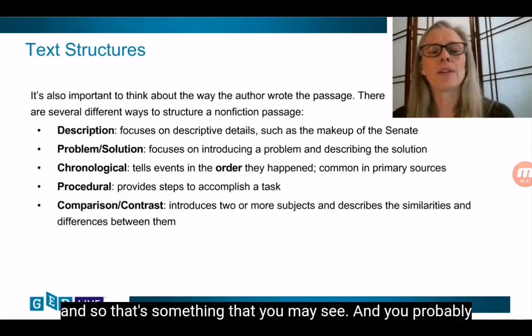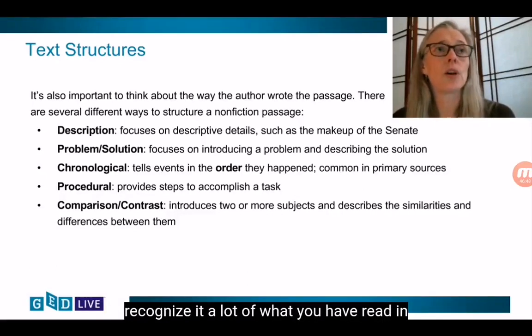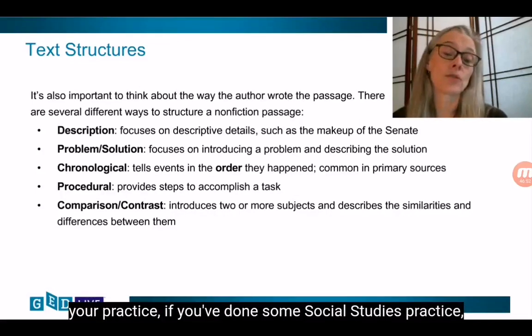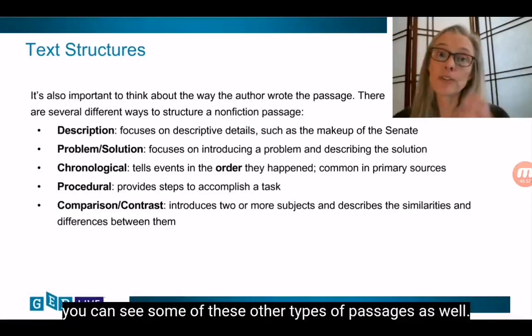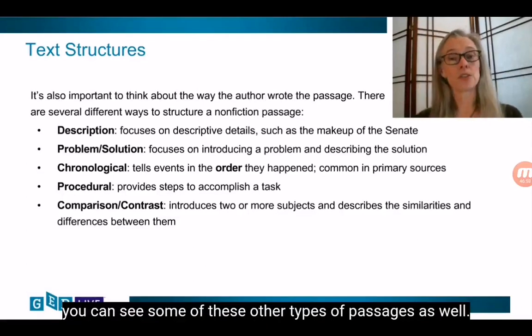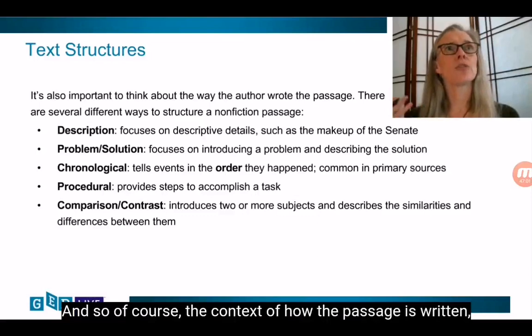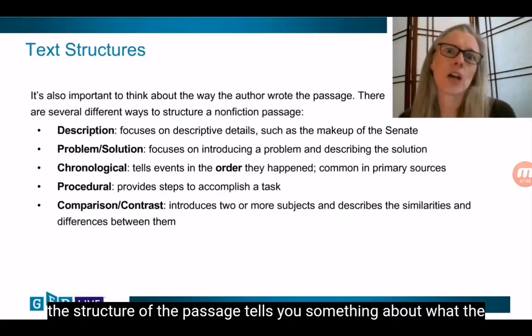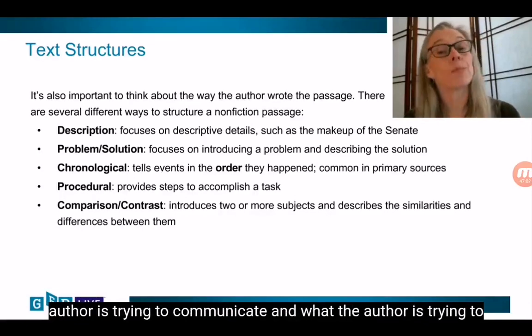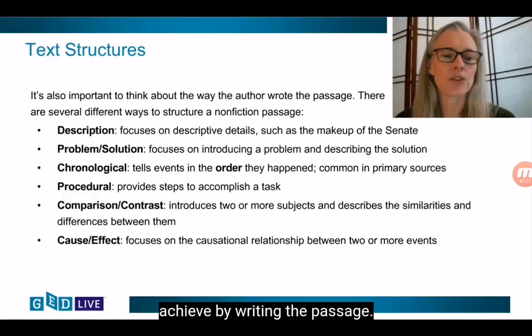And you probably recognize that a lot of what you have read in your practice, if you've done some social studies practice, a lot of it's descriptive, a lot of it's chronological, but you can see some of these other types of passages as well. And so, of course, the structure of the passage tells you something about what the author is trying to communicate and what the author is trying to achieve by writing the passage.